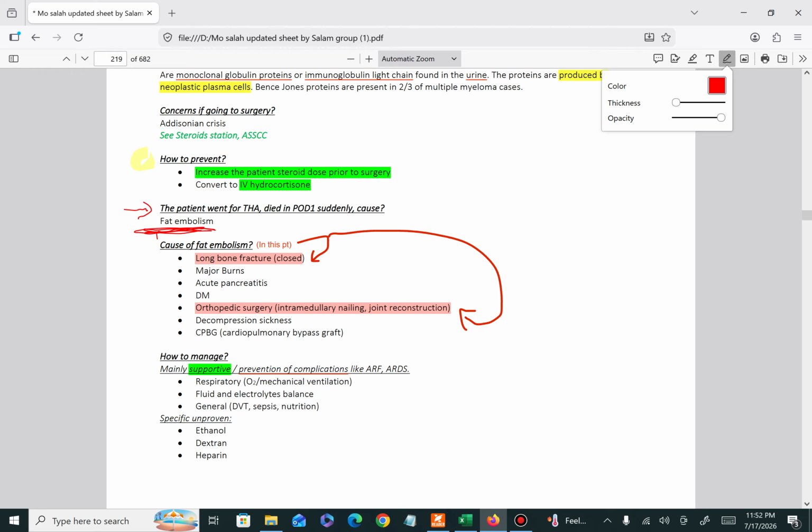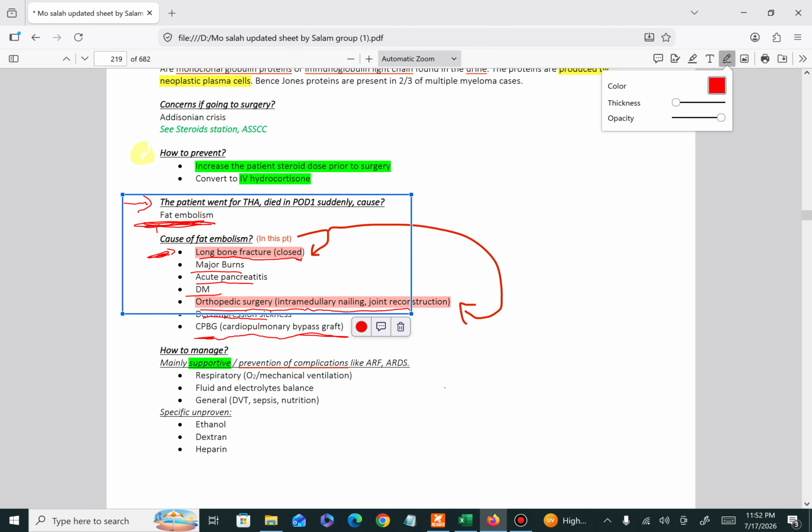Causes of fat embolism: the first is long bone fracture and major burns. The second causes are acute pancreatitis, diabetes, orthopedic surgery, intramedullary nailing or joint reconstruction, decompression sickness, and cardiopulmonary bypass graft. So these are the causes of fat embolism.